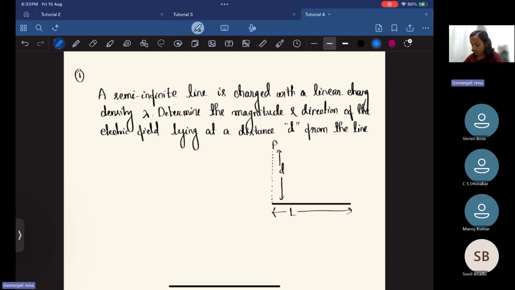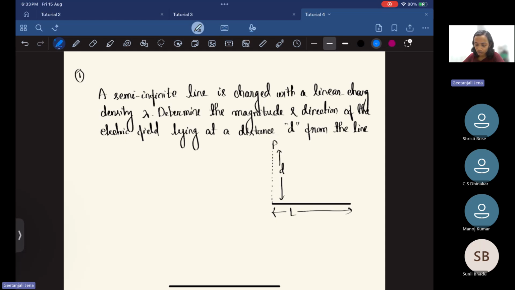So let us solve our first problem. This is related to the field produced by a linear charge density lambda. Please read the question once, then I will show the steps that you can follow to find the answer, or you can also solve side by side to check whether your answer is correct.